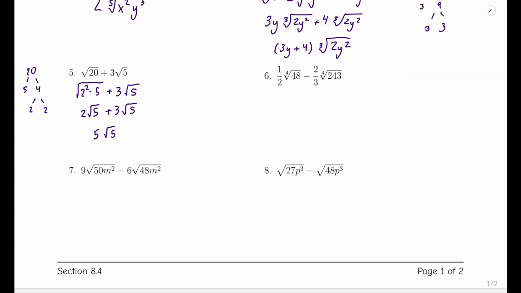Number 6: we have 1/2 fourth root of 48 minus 2/3 fourth root of 243. So I'm going to do a factor tree for 48 and 243.